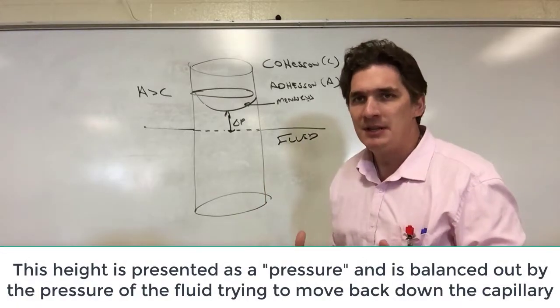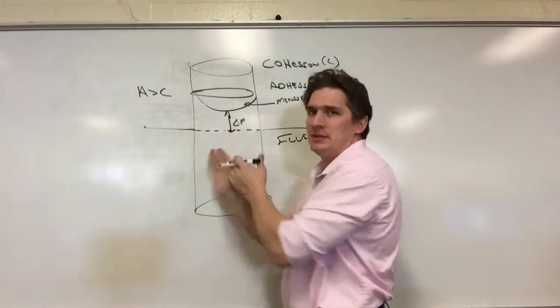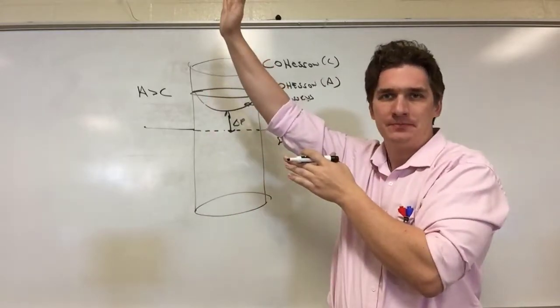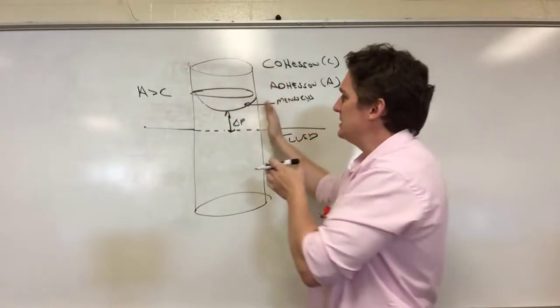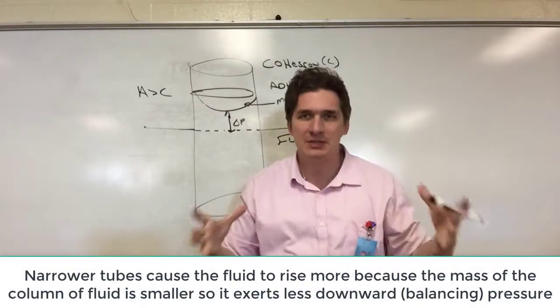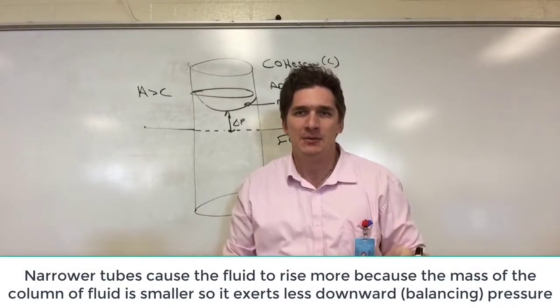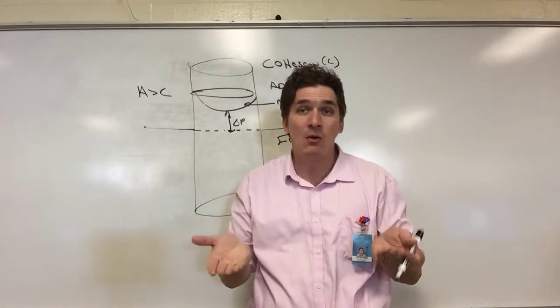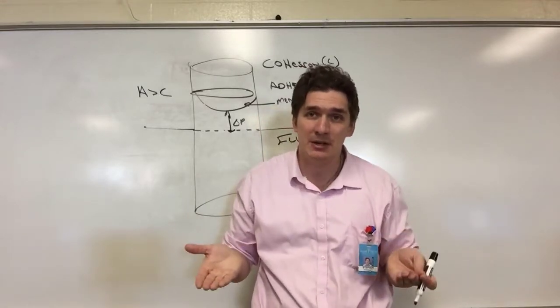Now, the thing is that the narrower the tube is, the more height we can go. Basically, if we have a really fat tube, like something this wide, you won't ever see capillary action, because for every millimeter it moves up the glass, it's a whole bunch of liquid that has to move up. That's a huge amount of pressure.